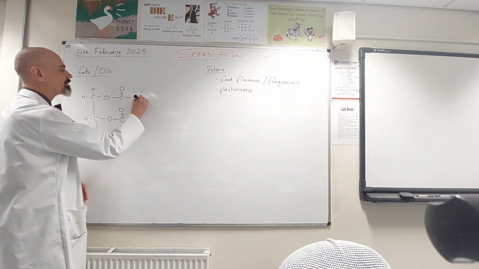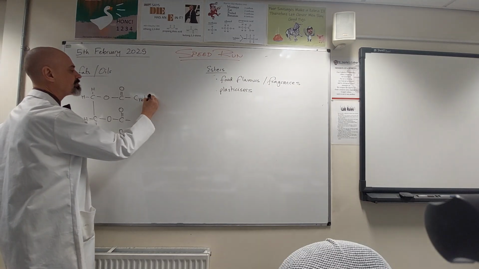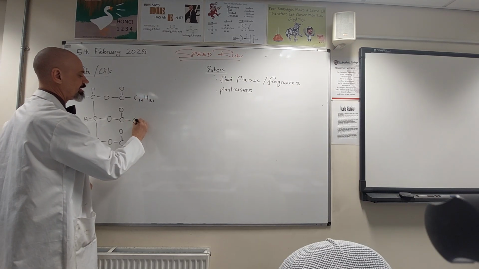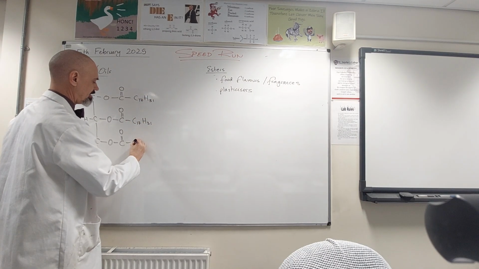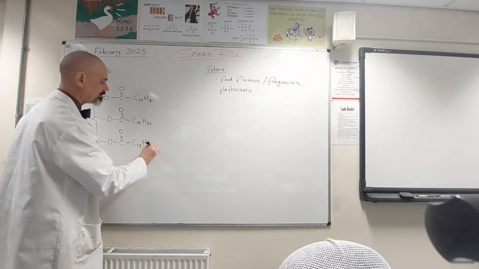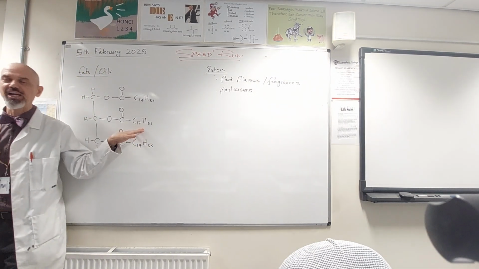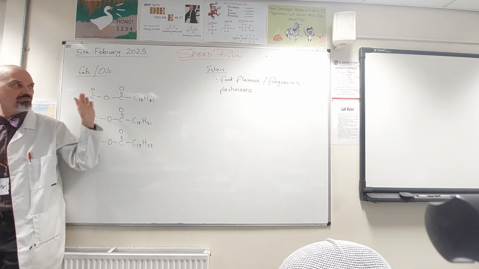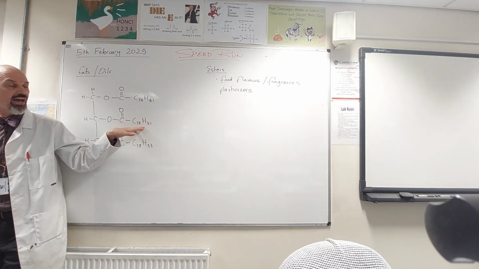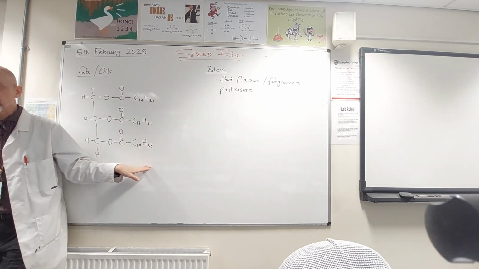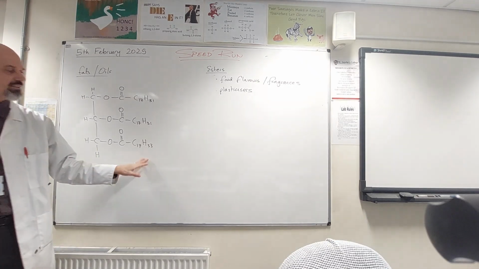I'm just going to use the one that came up in the thing we did. So typically it's a long chain of carbons. Gone for 17 here, and they don't all have to be the same group. In nature, they almost certainly wouldn't be.